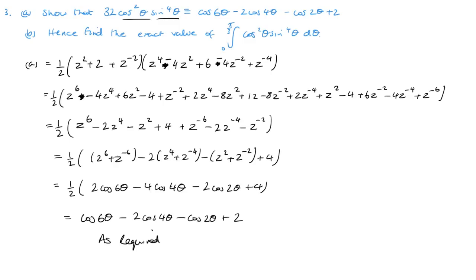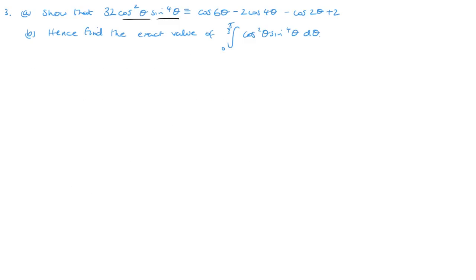Right, let's look at part B. So part B, we are integrating between pi by 3 and 0. We're integrating cos squared sine to the power 4 theta d theta.